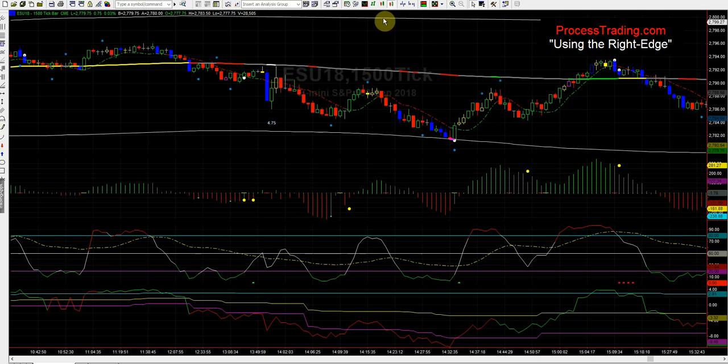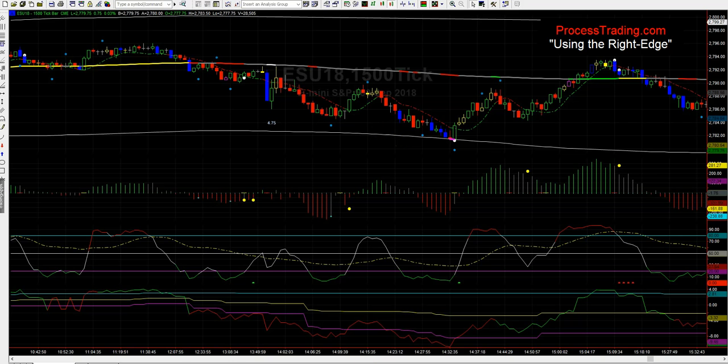The contraband is these two bands here, this white band above and this white band below. Well, the contraband is where you can take a contrarian trade as long as price is touching the contraband if you follow the process trading trade management rules for taking a contrarian trade.